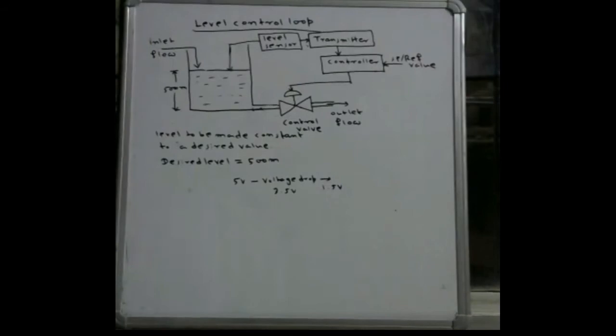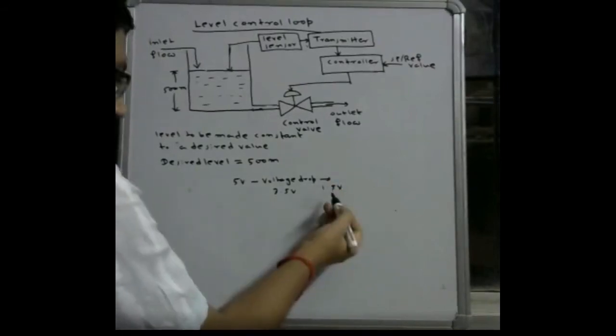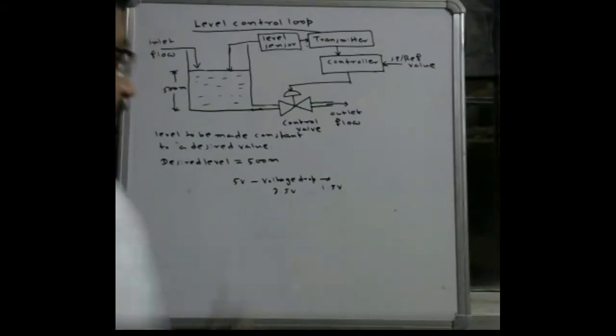No problem. If we get 1.5 volt constantly, then we can understand that if the voltage is 1.5 volt, then it will be 5 volt.